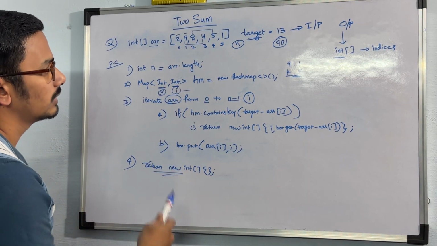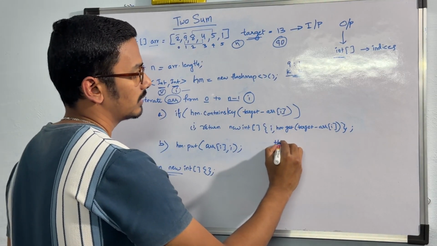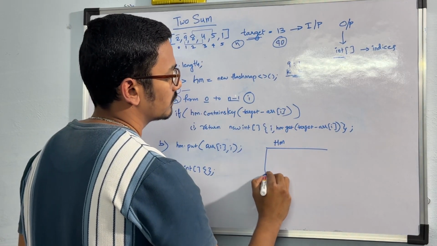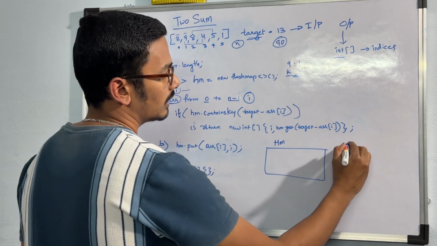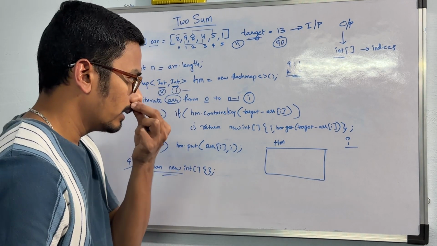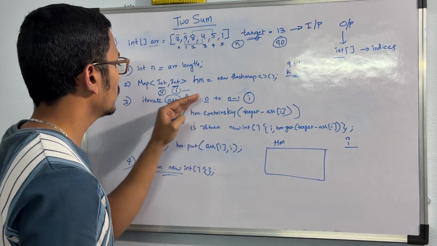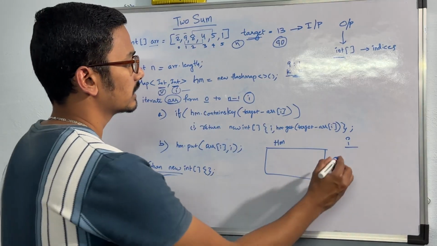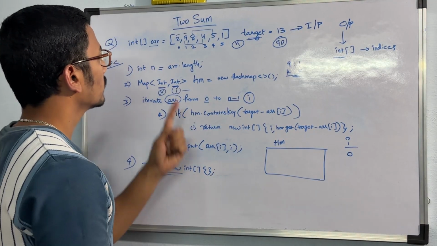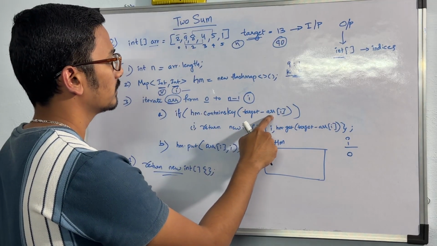The simple dry run we will do here is, I'll just write a hash map. I'll write a box for a map, and I'll denote the I value here. The hash map is already created and we'll start the loop. Index is 0 initially, so the value is 2. hm doesn't contain target minus 2.